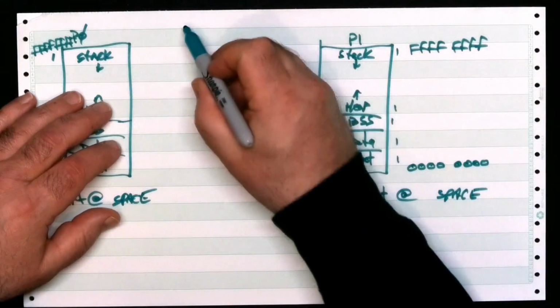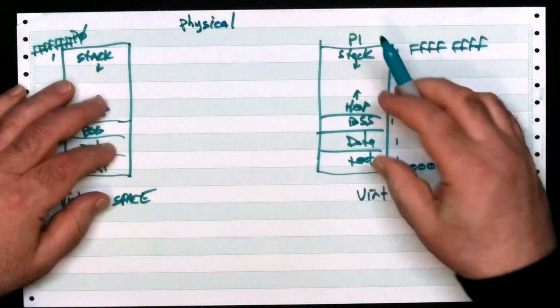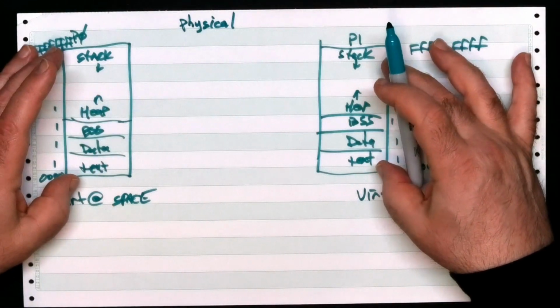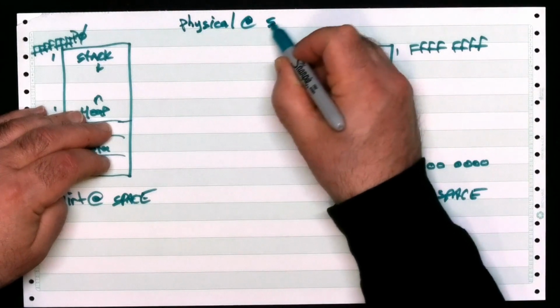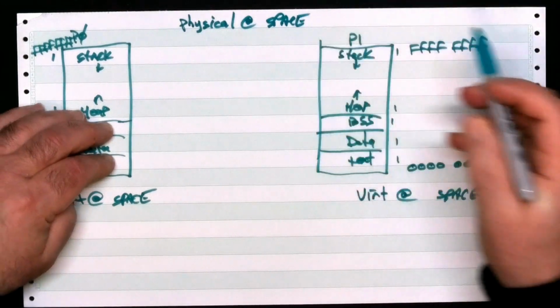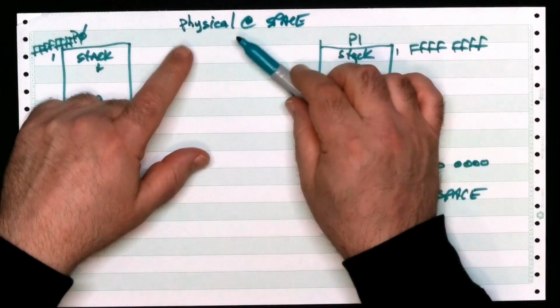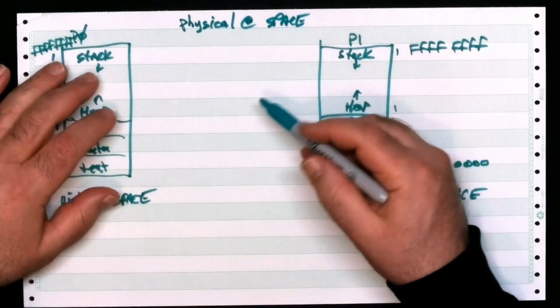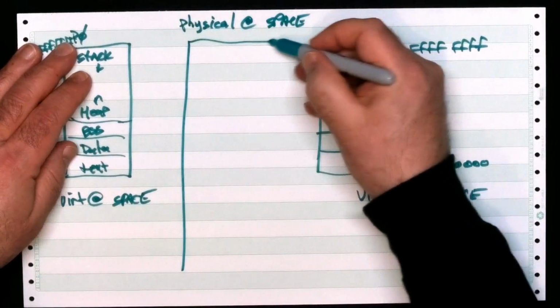So how then do these things relate to what the physical address space of the machine is? These are virtual. What's in here is the physical, the real, the actual memory. How does that get used? All right. Let's draw another table in here.